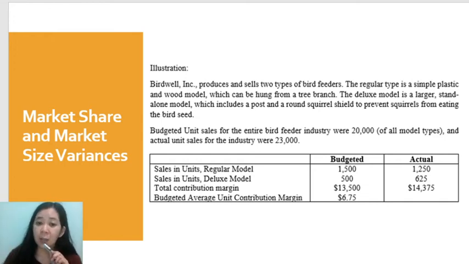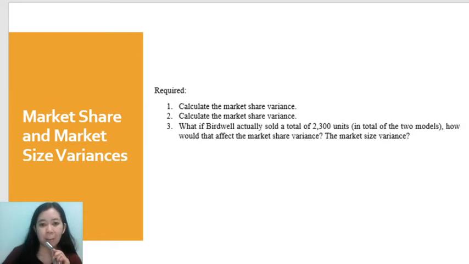Unit sales for each item, total CM, and budgeted average unit CM are also provided. For the requirements, first we will calculate the market size variance. Second, we will calculate the market share variance.